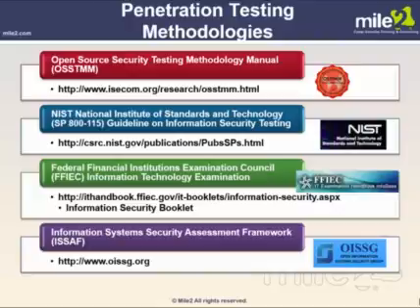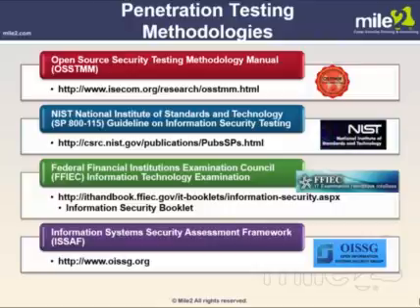Then we have the FFIEC, which is your Federal Financial Institutions Examination Council, with an Information Technology Examination handbook that you can check out at ithandbook.ffiec.gov/IT-booklets/information-security.aspx, and look for the information security booklet. There are a couple hundred pages there, so unless you really like reading, for exam purposes just browse through and get a general idea of what it is and what it's able to do.